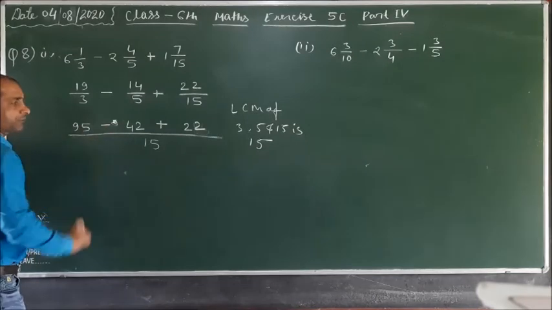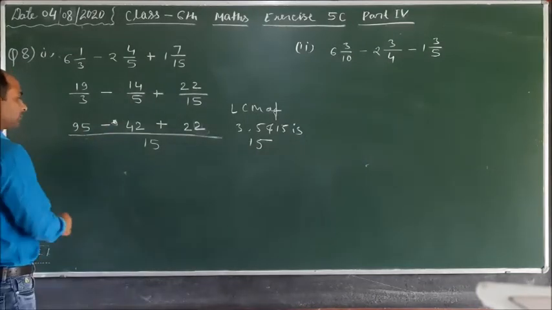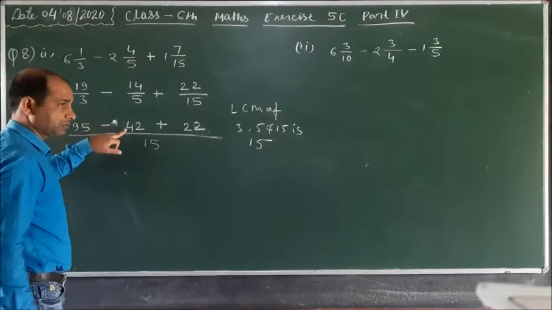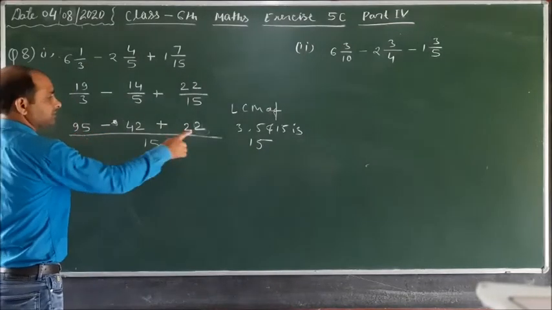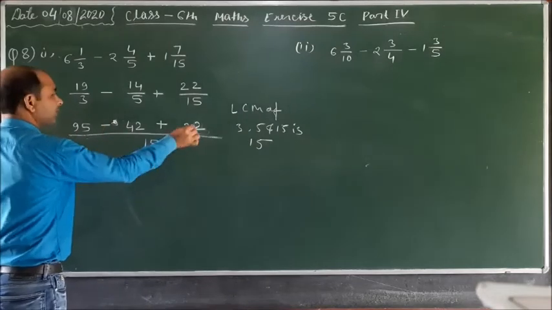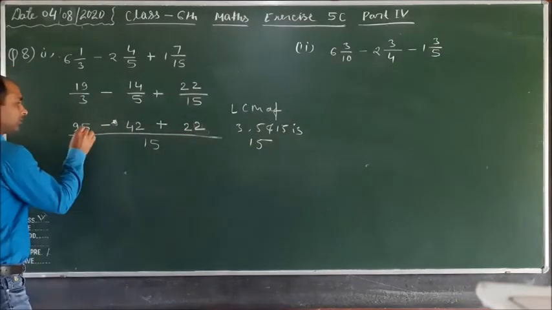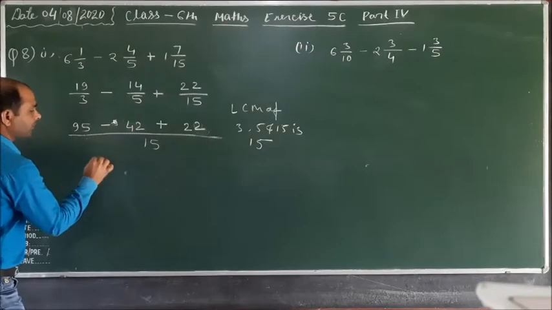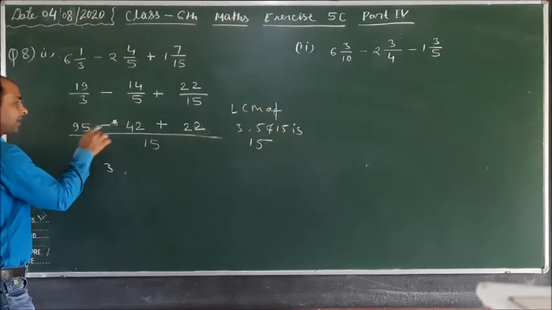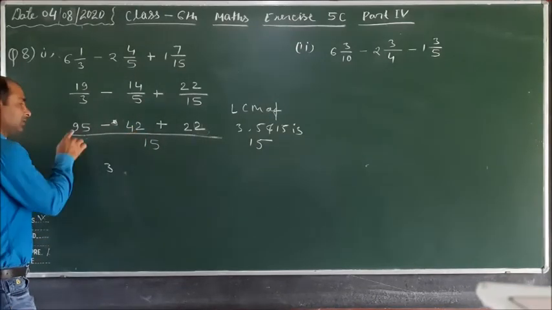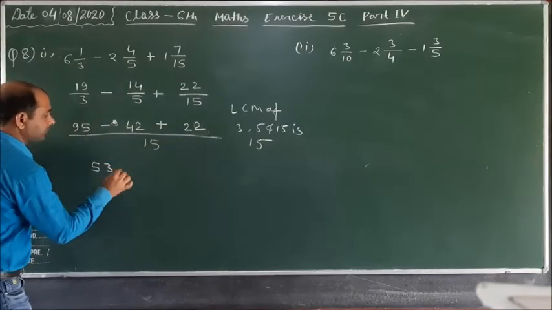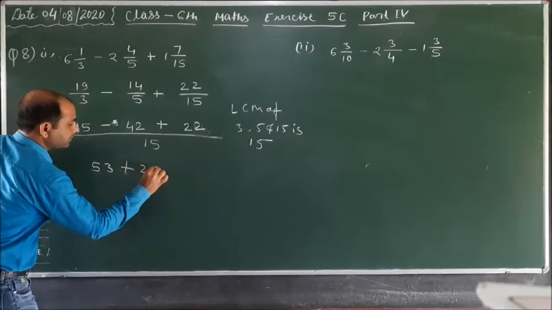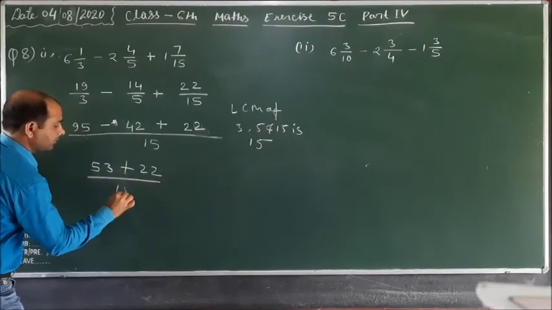Now 95 minus 42, you can solve 95 minus 42, or you can solve it this way also. This is plus, this is plus, so 95 plus 22. So 5 minus 2 equals 3. Then 9 minus 4 equals 5, plus 22 upon 15.